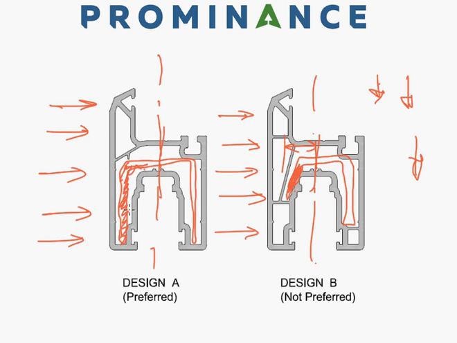At the same time, my distance y is also better than design B in case of design A. So the overall strength of this composite is higher compared to design B. That was the reason why Prominence UPVC profiles have been designed around the concept of design A. All our profiles will follow this philosophy so that we get better strength from the window design perspective for end delivery of a product.